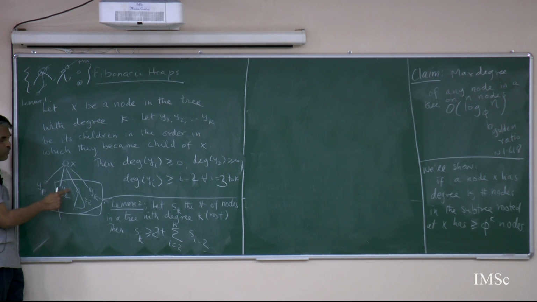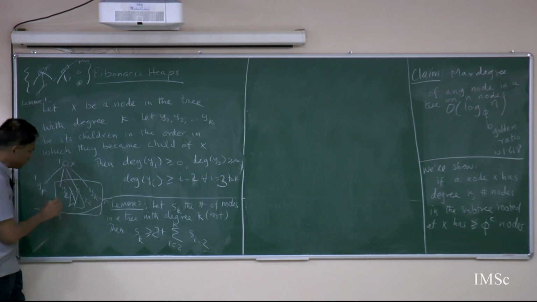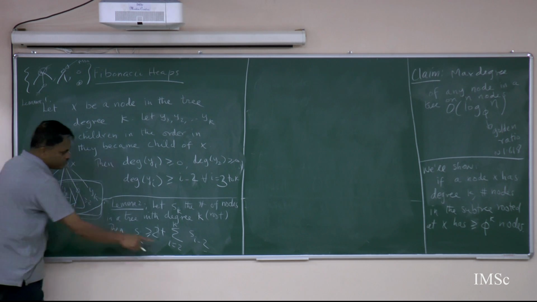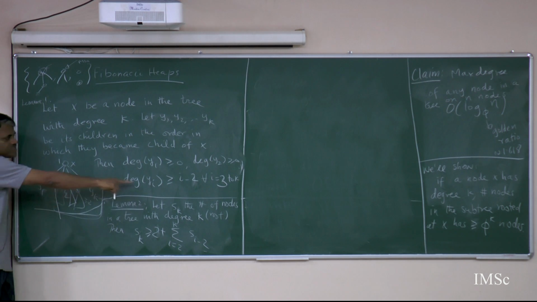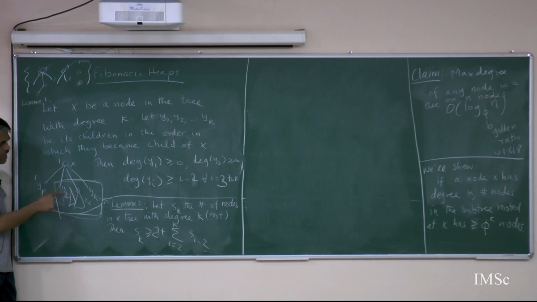So any y_i has degree at least i minus 2, and such a subtree will have S_{i-2} nodes. That's just S's definition: S_i is the minimum number of nodes in any subtree with degree i. So I count 1 plus 1, 2, for this. Then from 2 to k, the number of nodes here would be whatever its degree is, at least i minus 2, so S_{i-2}.